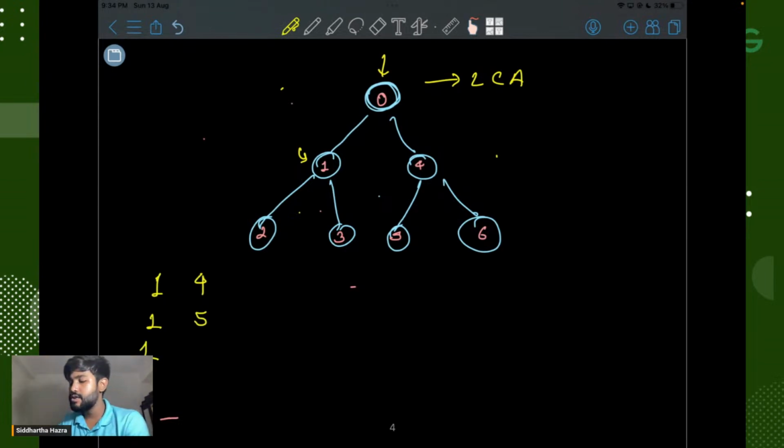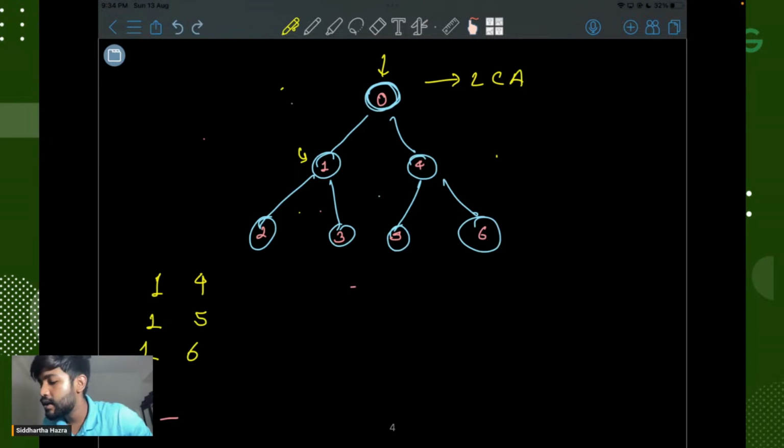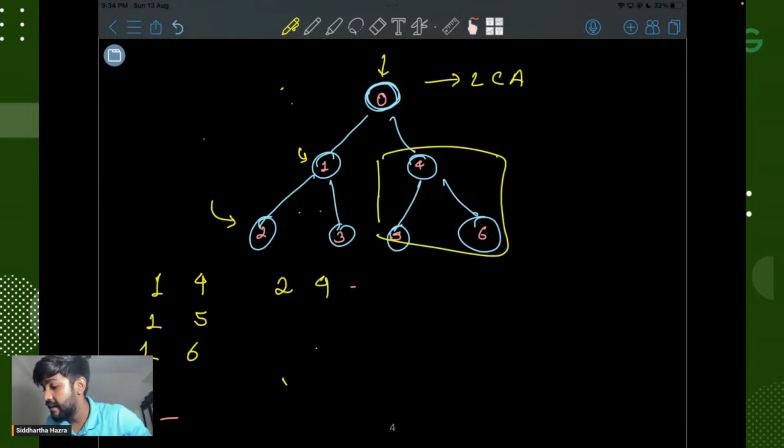All the values on this side with 1 would have the LCA as 0. In the same manner, all the values on 2 with all the values on this side would have the LCA as 0.